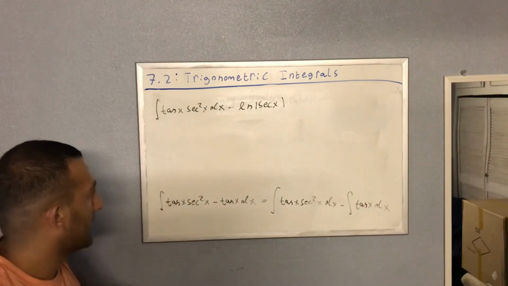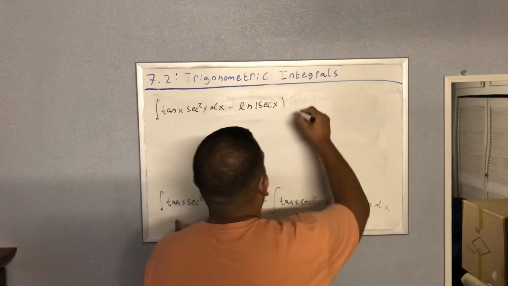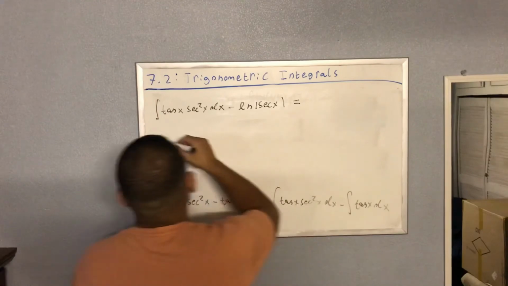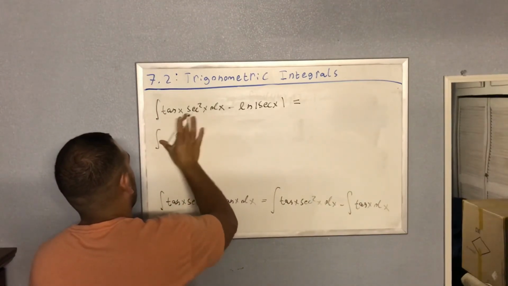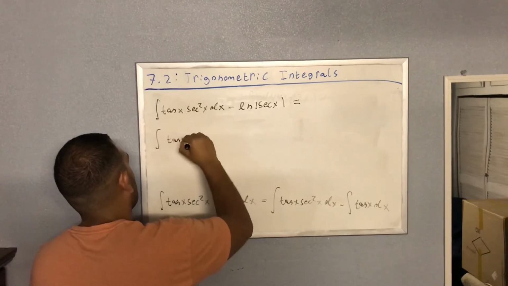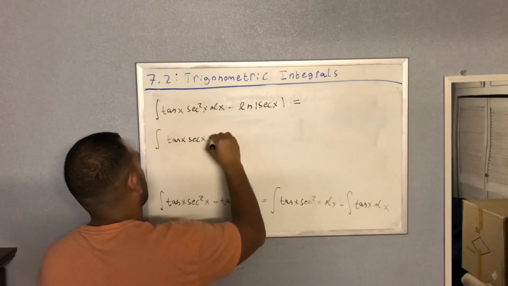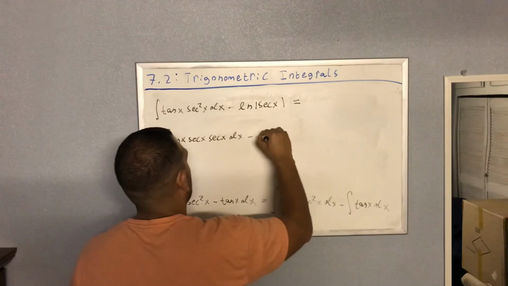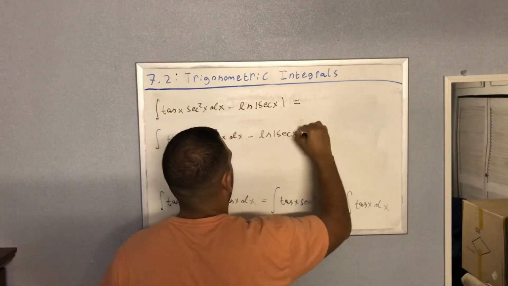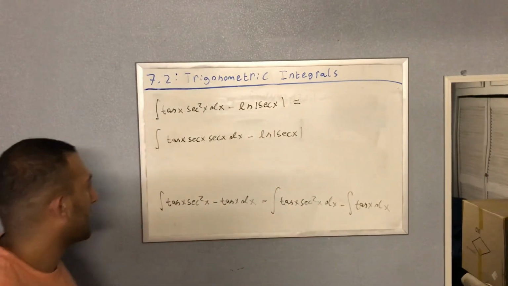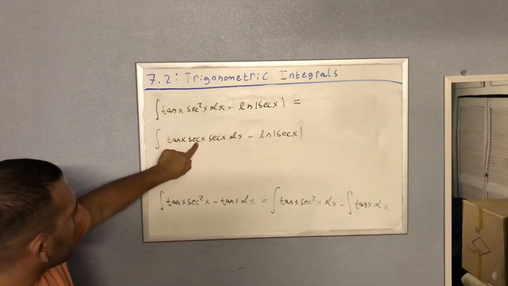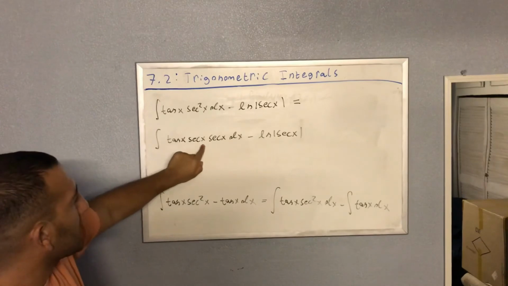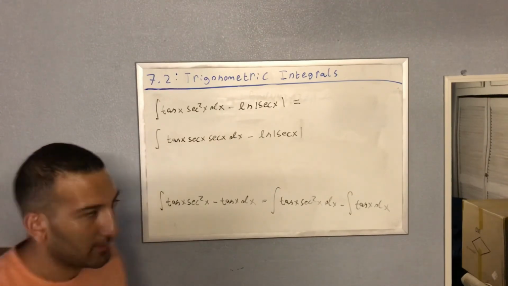And now this one, let's rewrite this as tan x secant x times secant x. Now why did I do that? This guy here is a perfect thing to cancel if I let u be secant.